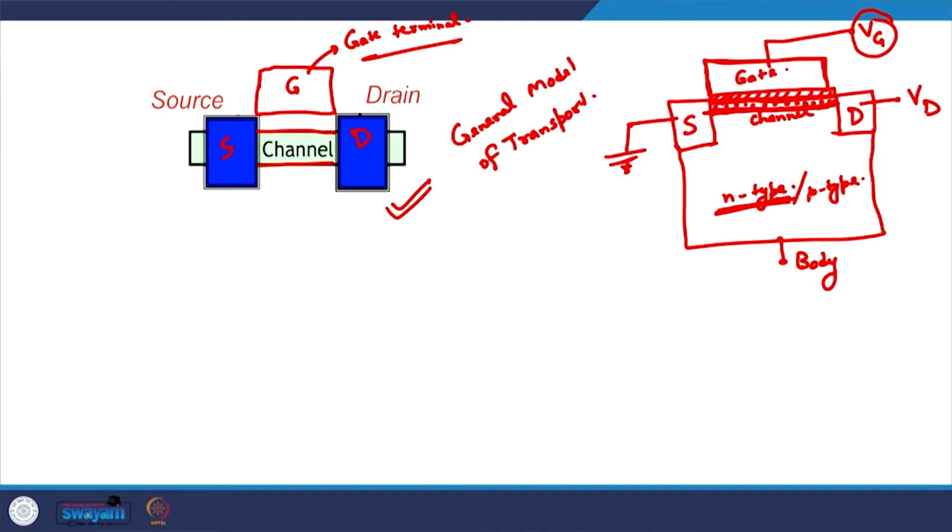And similarly, we might also have a p-type channel in which, on application of a positive gate voltage, we can have a small layer of electrons just below the oxide. In that case the channel becomes conducting because of the electrons just below the insulating material.